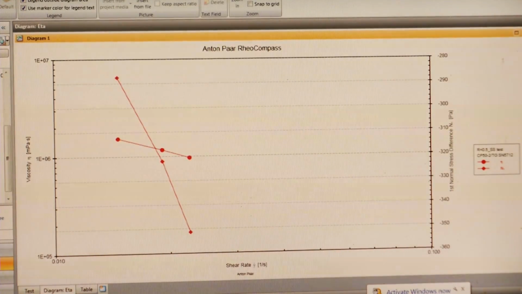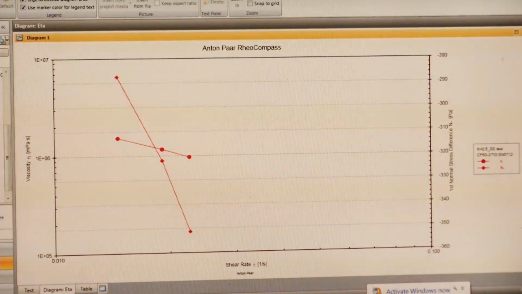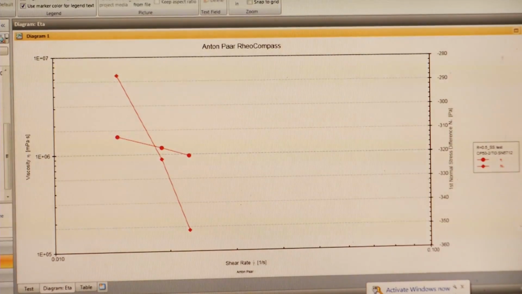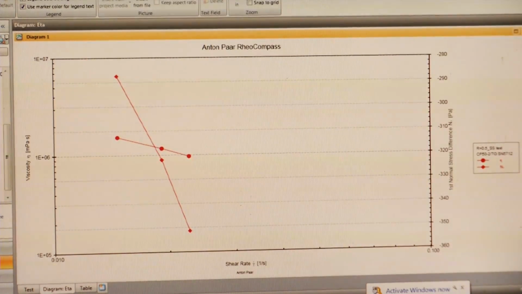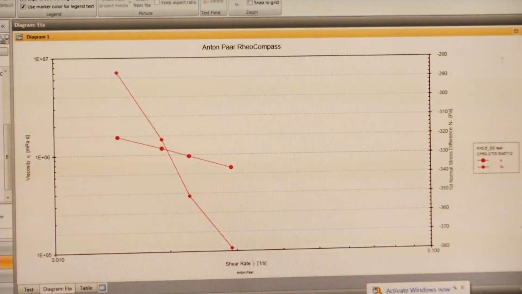So you can see that the first 3 data points have been measured, and the circles are the viscosity. The diamonds, which are the normal stress difference, are also there, but you should notice that the axis magnitudes are different.